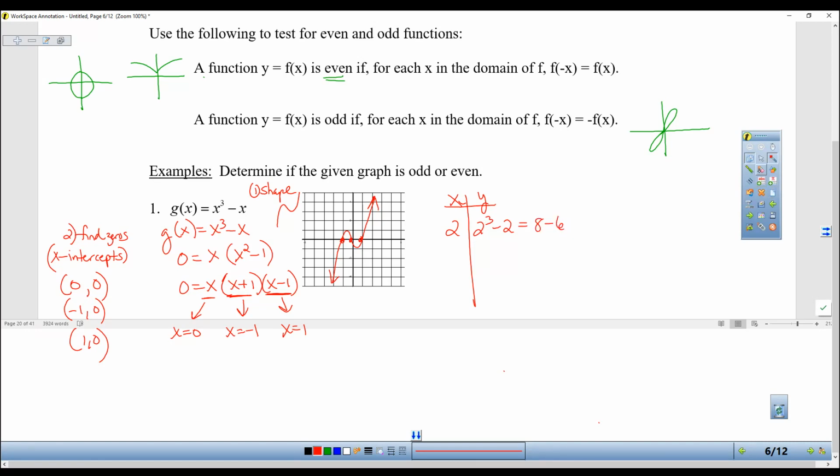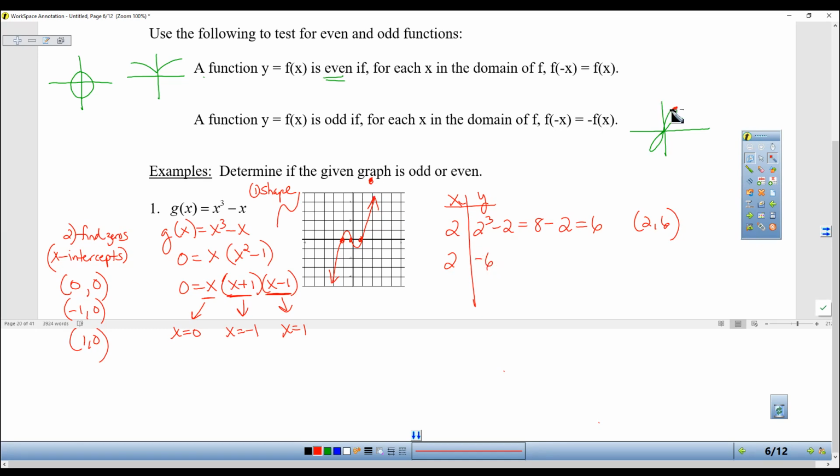Oops, I was so excited about my answer. Look, I already wrote it. 8 minus 2, which is equal to 6. So the point is 2, 6. I can't quite graph that, but it's somewhere up there.